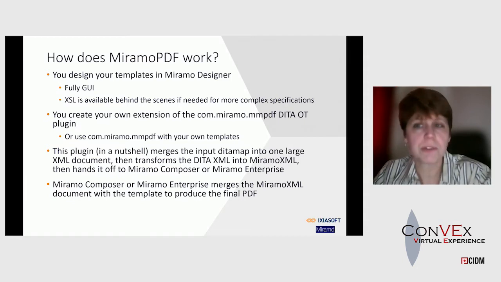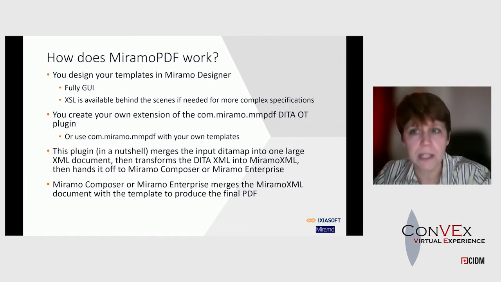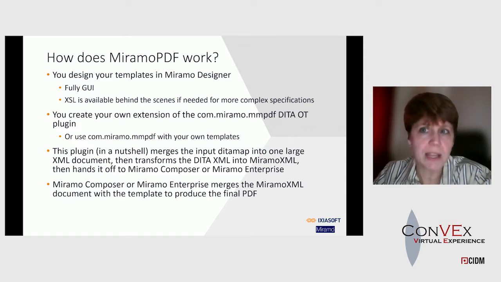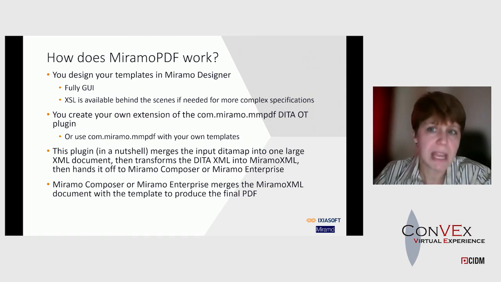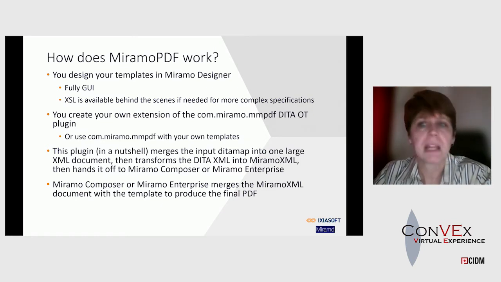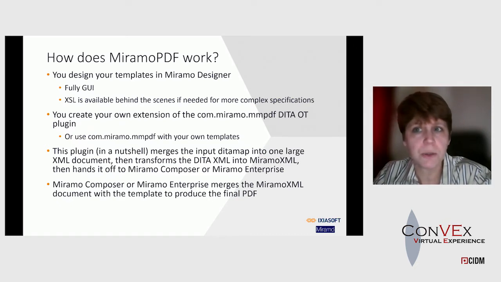There's no other choice. But with Miramo, if I'm happy with the way the processing is being done, and all I want to do is change the appearance of the PDF, then I can do all of that with just a template. So I can continue to use the base Miramo plugin and just create my own templates in the GUI.